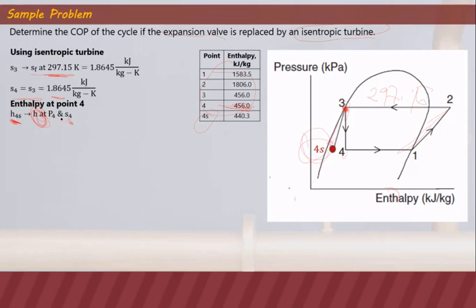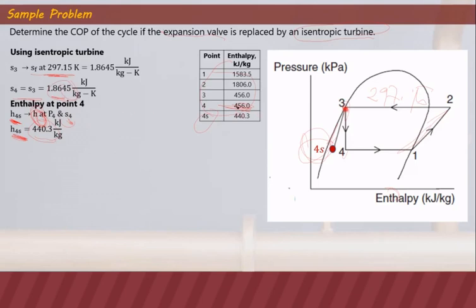You can use the software. Just plug in the pressure and then the entropy of 1.8645. Our enthalpy at point 4 will be 440.3 kilojoules per kilogram. Again, looking at the table, S4 is 1.8645, and using the software, the enthalpy at point 4 is now 440.3.